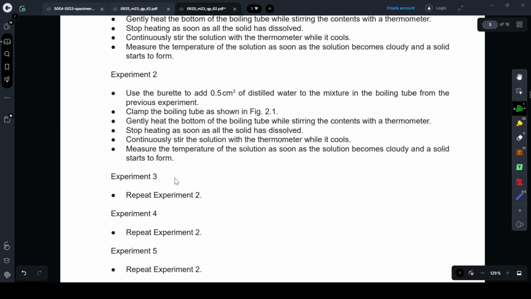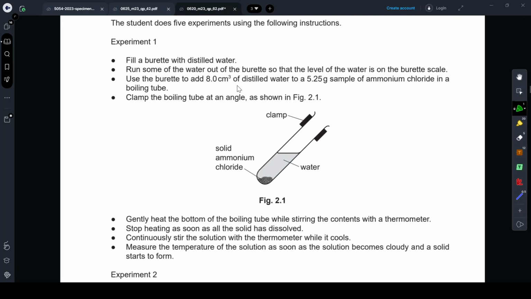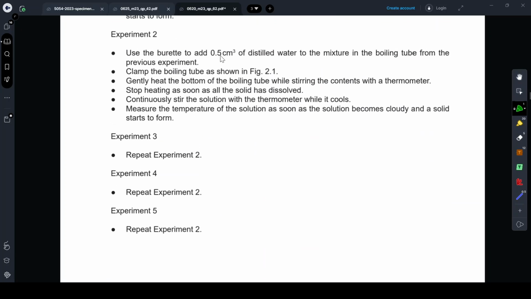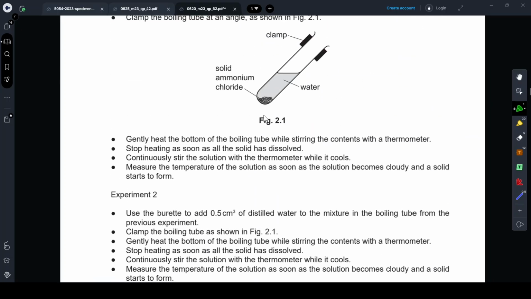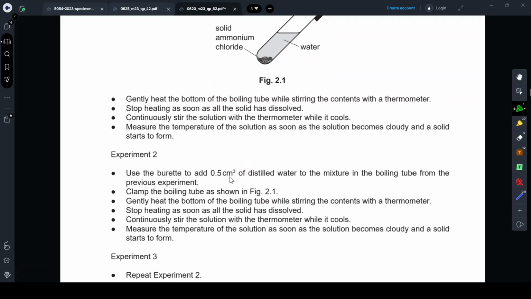So experiment 2. Use the burette this time to add 0.5 centimeter cube. So initially you used 8 centimeter cube. Now you're using 0.5 centimeter cube of distilled water to the mixture in the boiling tube from the previous experiment. So all of this continued on to experiment 2. You're adding half a centimeter cube. Clamp the boiling tube as shown.